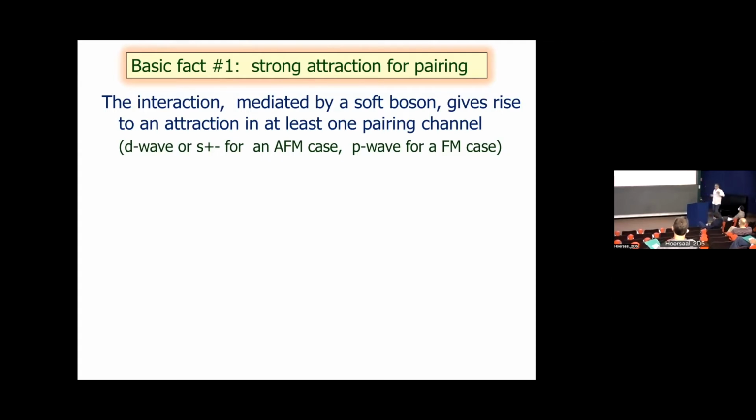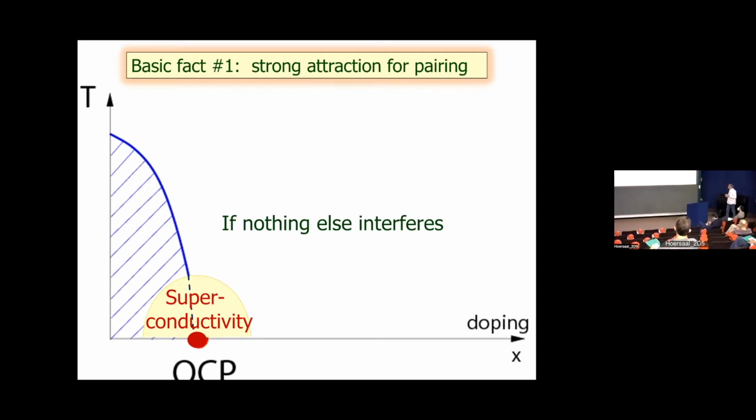But I don't know of examples when the system doesn't. Oh, sorry, I know about one example when the system does not do this. But for most cases, the system always finds an attractive channel. And again, cuprates are always here. So d-wave superconductivity mediated by antiferromagnetic fluctuations is one part of the story. S plus minus in the case of iron-based is another.